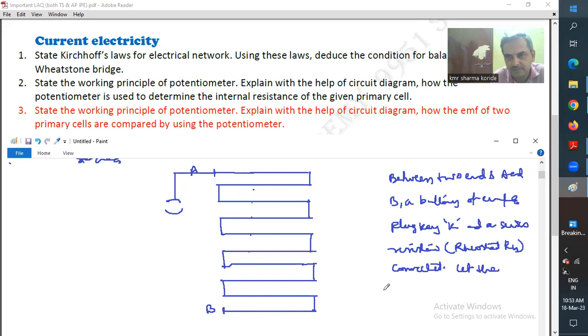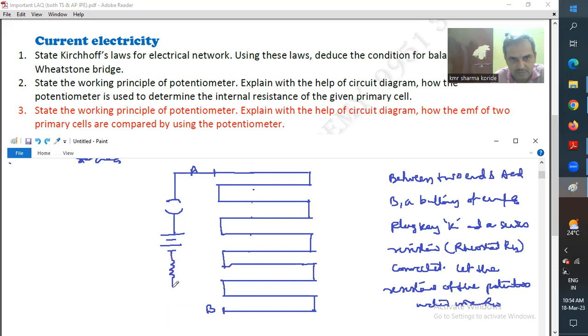Let the resistance of the potentiometer wire be RW. So here is the battery. Whichever side you treat as A, the positive terminal is connected there, and B, along with the rheostat, the series resistance, is connected to the negative terminal. So this is the rheostat, variable resistance. This is the positive terminal, negative terminal, and this is the key.